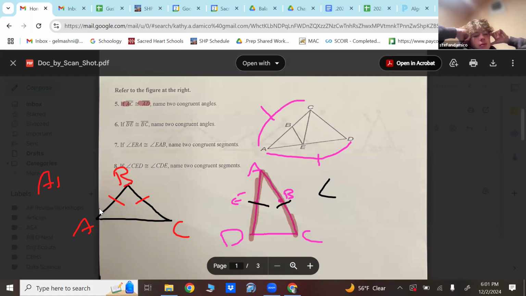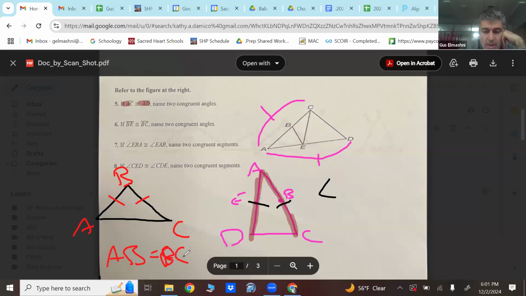AB and BC are equal. Right, we know this. I already said that. What two angles are the same? It has to be three points.